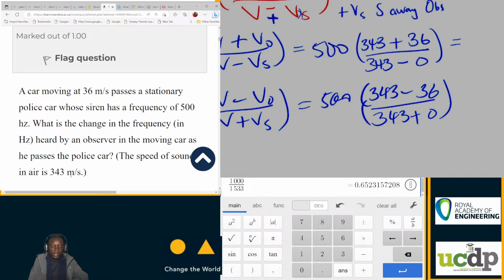So these two expressions will give us the frequency heard by the observer on approach and the frequency heard by the observer on passing the police car. So we can do that calculation together.